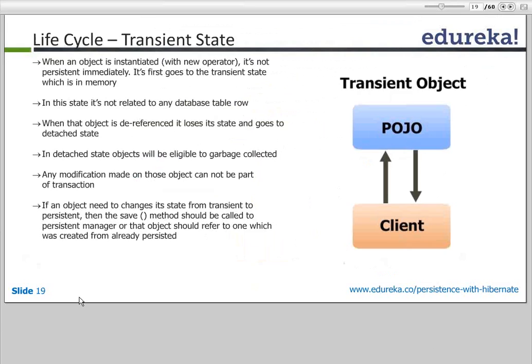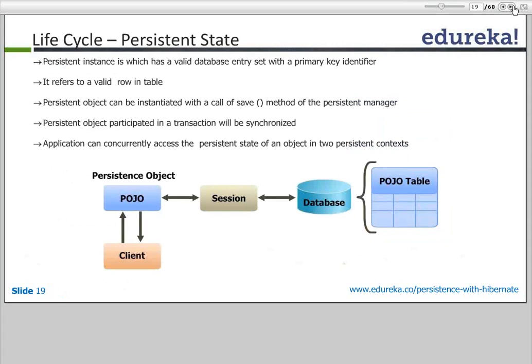It will not be updated in the database because there actually is no mapping between the database rows and the actual object that you've created. Calling save on the Hibernate session is what ensures that the transient object moves from the transient state to the persistent state. We had actually gone over this in our last module as well.